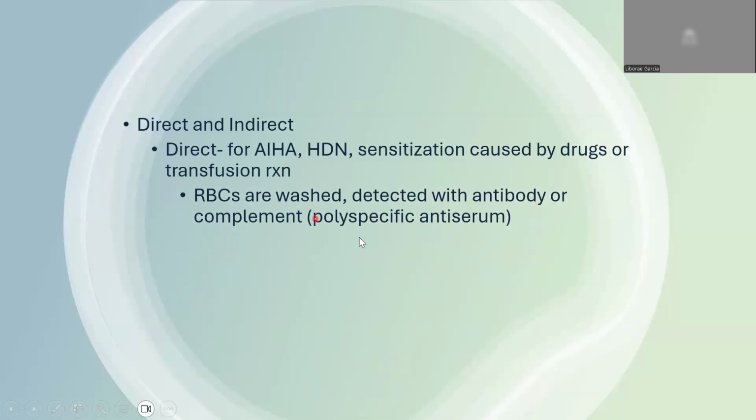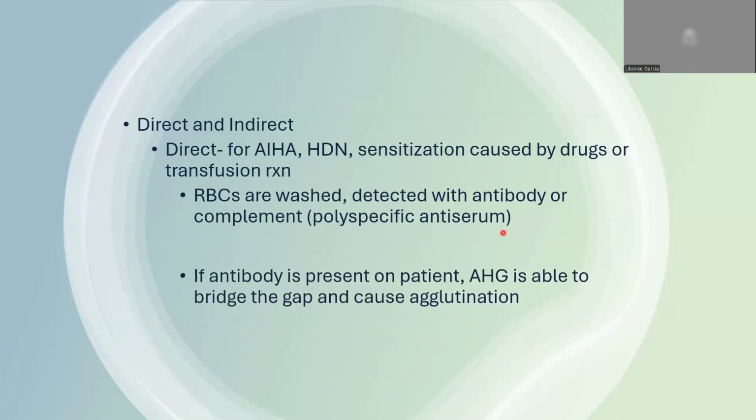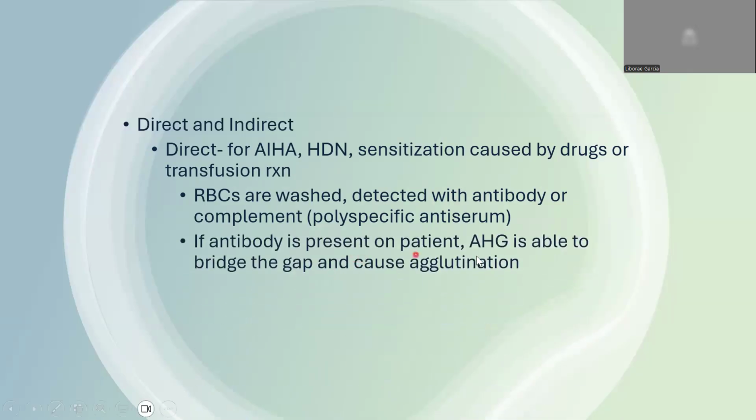On direct, you use your polyspecific antiserum. The reagent used is antibody against IgG or against any complement: C3d, C3b, C4b, and C4d. Okay, so if your RBCs are attached with those substances, it can bind to them. So if antibody is present on the patient's cells, your anti-human globulin is able to bridge the gap and cause agglutination. Okay?